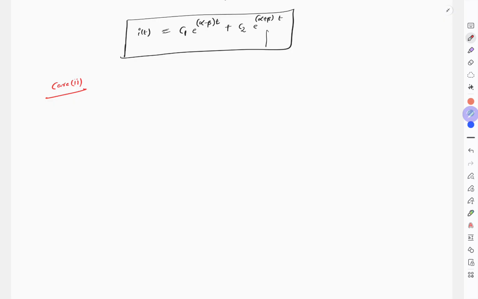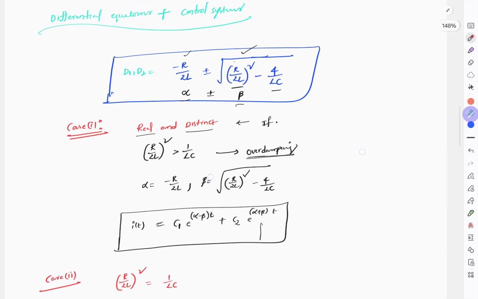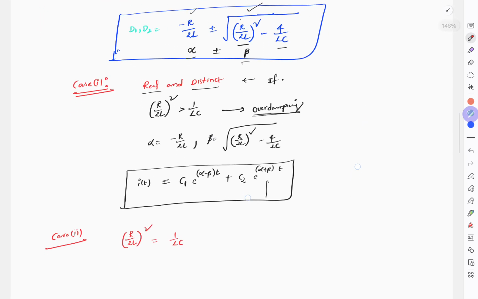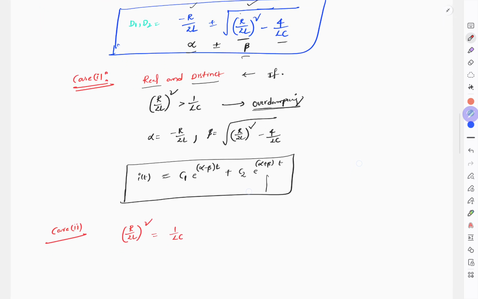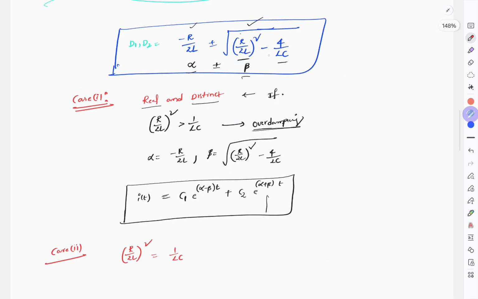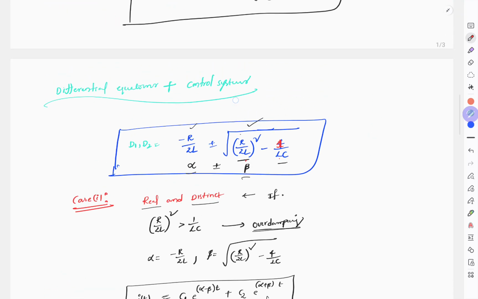But suppose (R/2L) whole square is equal to 1/LC. What can happen? If they are equal, then this term will be 0, right? I made a mistake here, it should be 1.